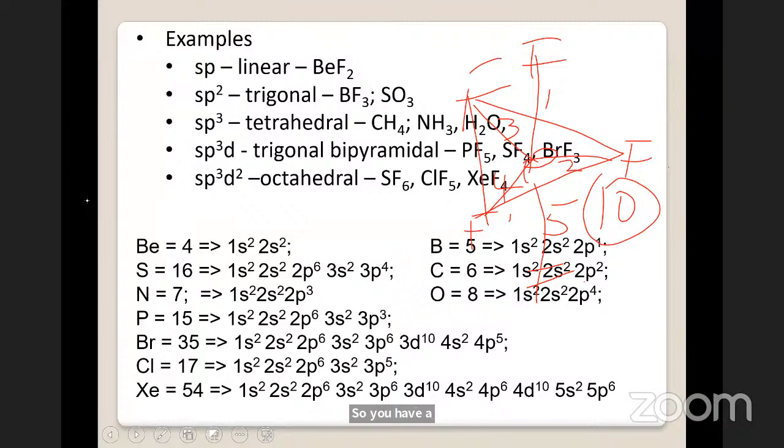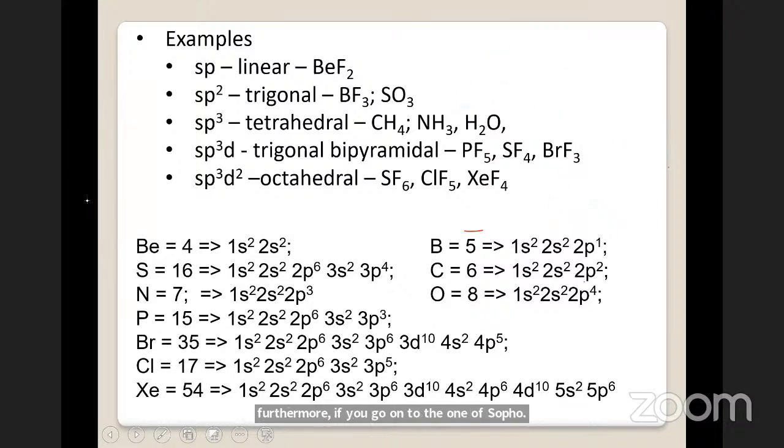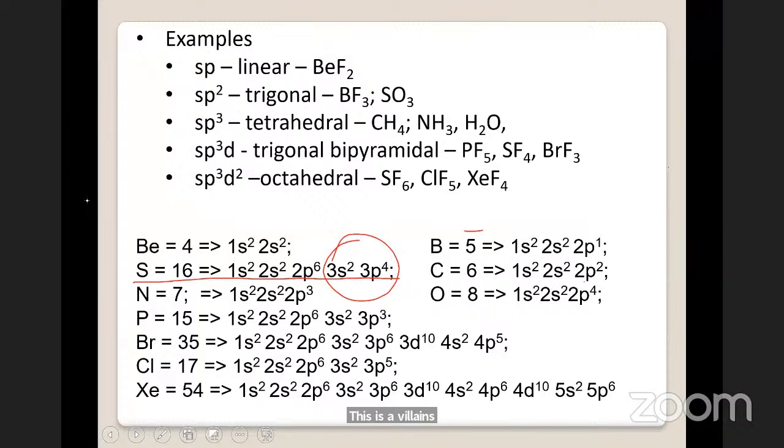Now, furthermore, if you go on to sulfur, sulfur is in group 6, so it has an electronic configuration as presented on the slide. These are the valence electrons.